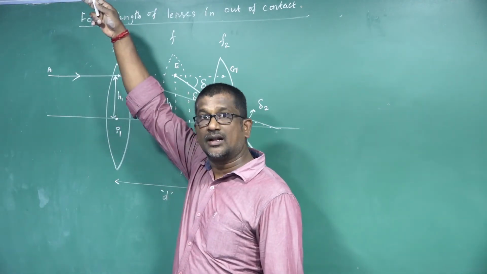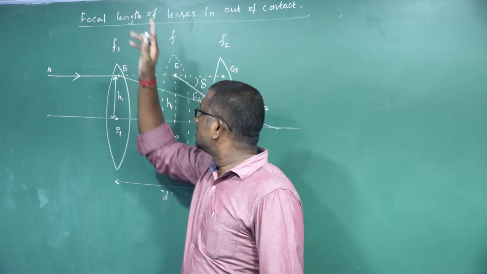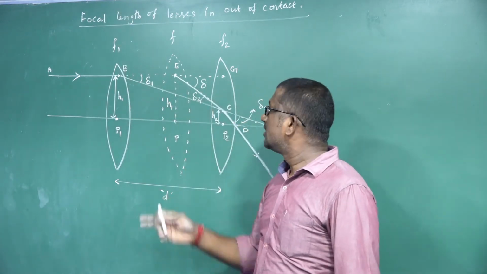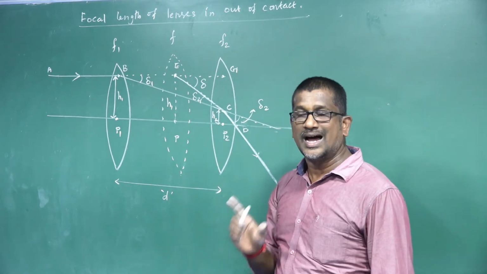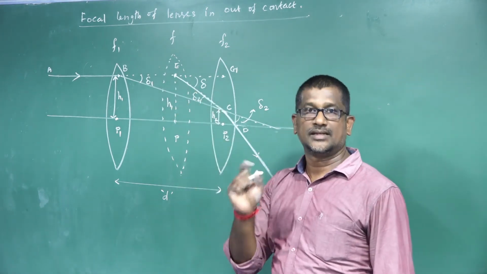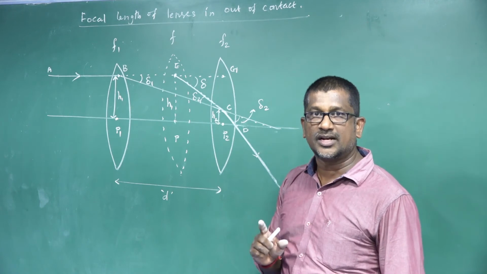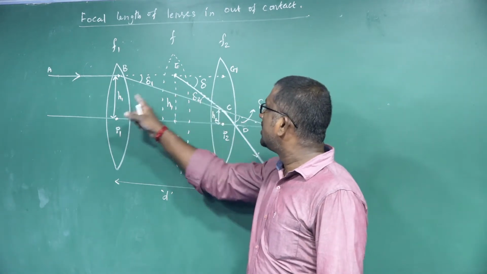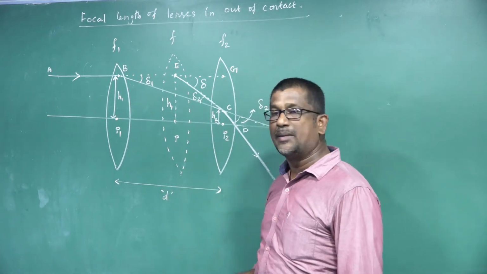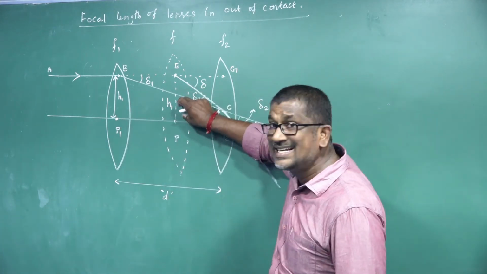The object is where? At infinity. In that case only, the combination of two lenses can be treated as a single thin lens. Otherwise, they are treated as a thick lens. If the object is placed at infinity, even though the two lenses are separated by a distance of d apart, they are treated as a single thin lens.